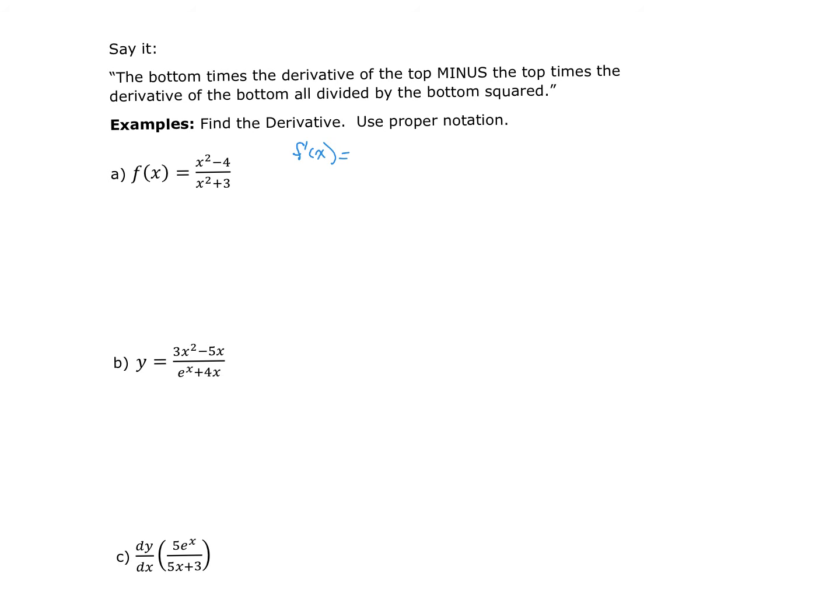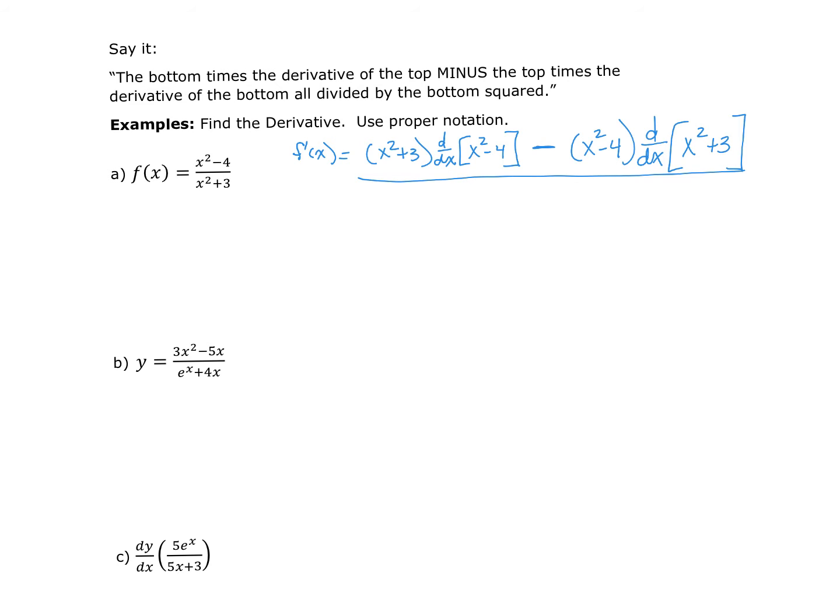So our f prime of x is going to be the bottom and then the derivative of the top minus the top function, x squared minus 4, times the derivative of the bottom function, all over the bottom squared.